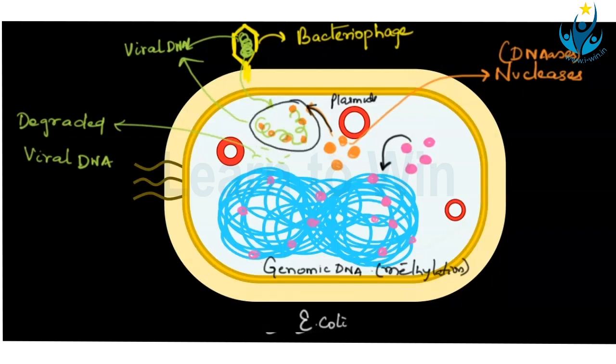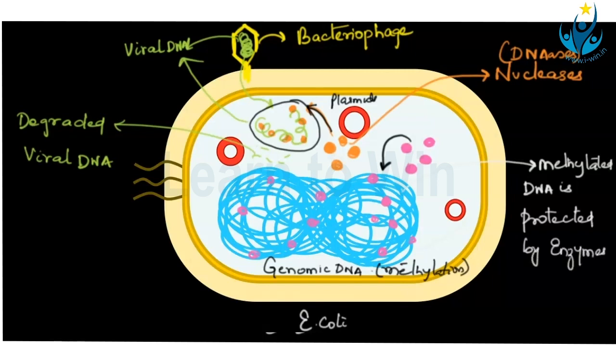But why are they not degrading the genomic DNA? Because the genomic DNA is methylated, and methylated DNA is protected from the enzymes, the DNA digesting enzymes that were produced.